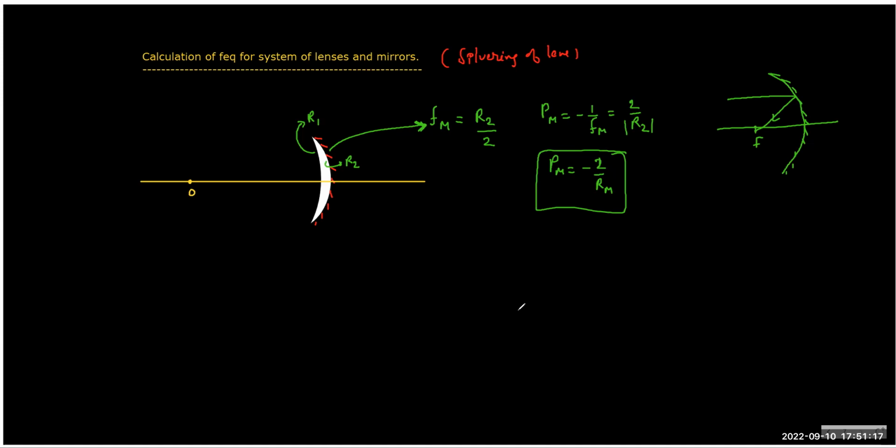So convex mirror is which mirror? Converging or diverging? Divergent. So it will have negative power. And that is also obvious from the formula. For convex mirror, the focal length is positive or the R is positive, isn't it?